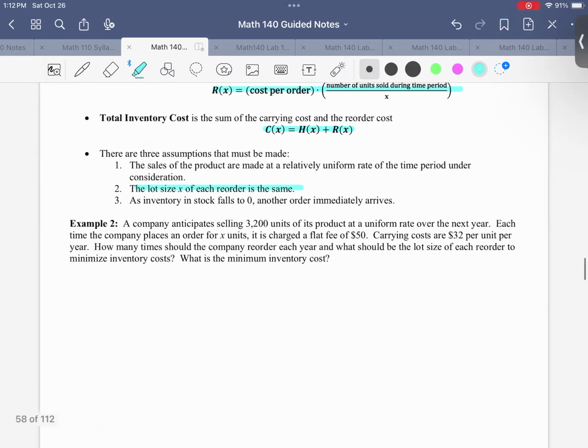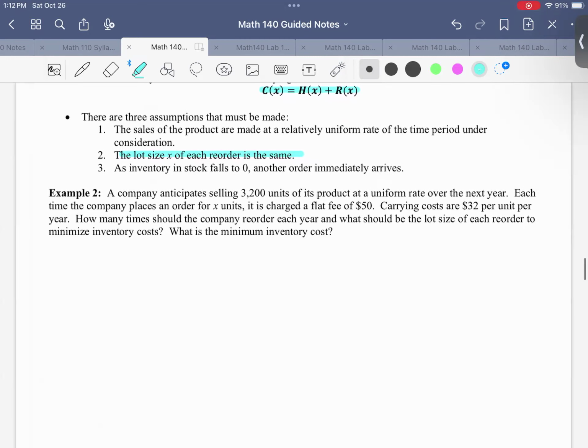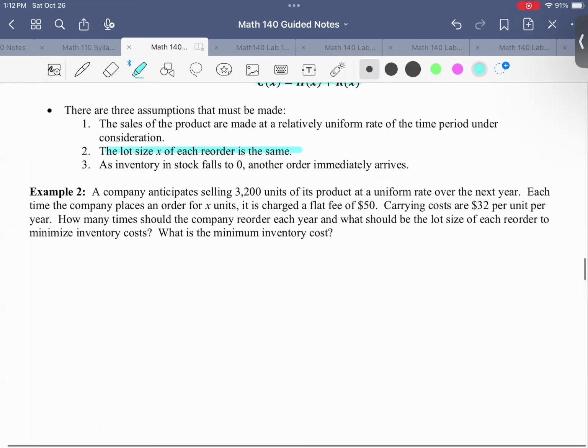So example two states that a company anticipates selling 3,200 units of its product over the next year.